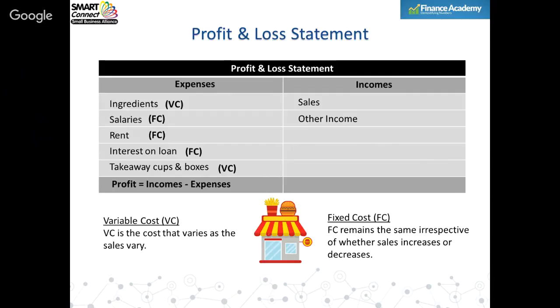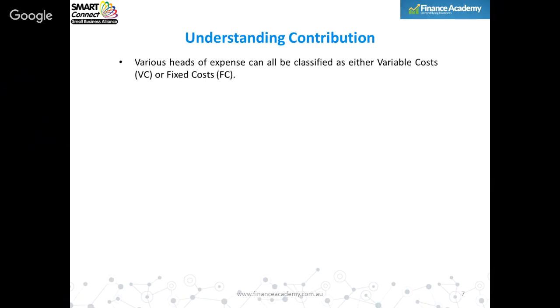Sometimes you might have costs that are both fixed and variable. As I told you, various heads of expense can be classified as either variable cost or fixed cost. However, some expenses will be partially variable cost and fixed cost.